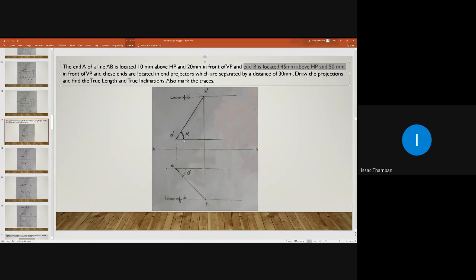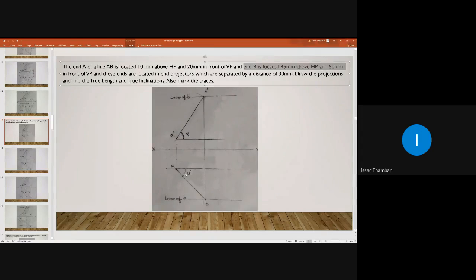And alpha, what is alpha? Alpha is the apparent inclination of line AB in the elevation. A dash B dash is the elevation length and alpha is the apparent inclination in the elevation.